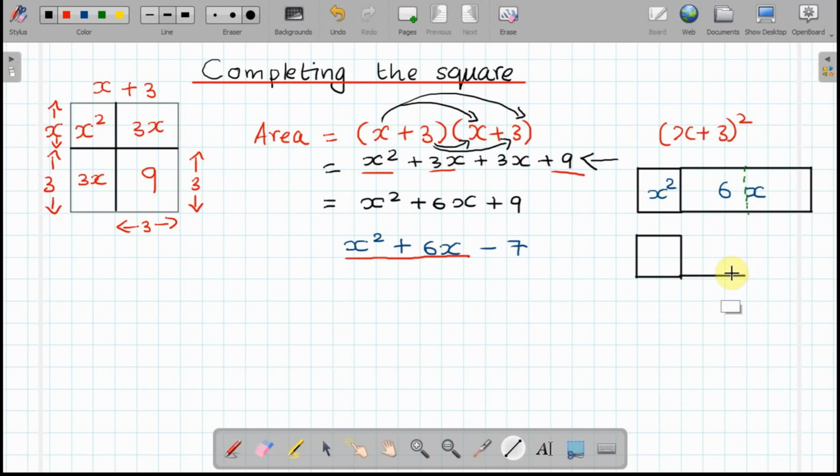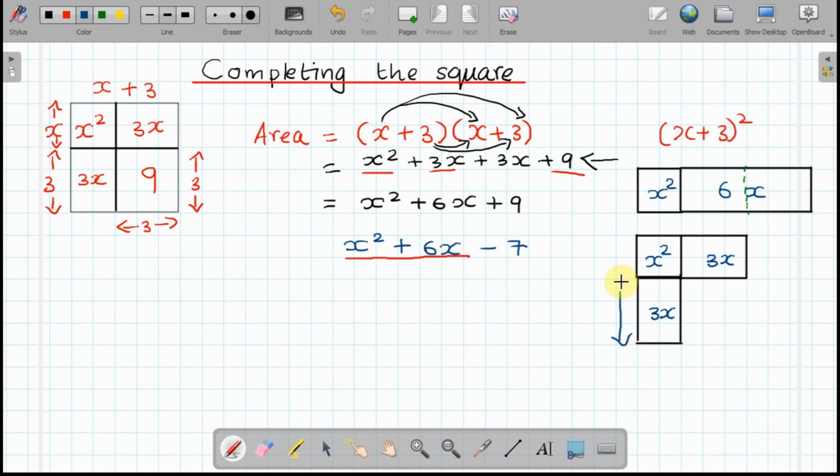So I put those right next to each other, 3x over here and the other 3x over here. So this is what my diagram looks like now. This one's x squared, that's 3x, that's 3x.